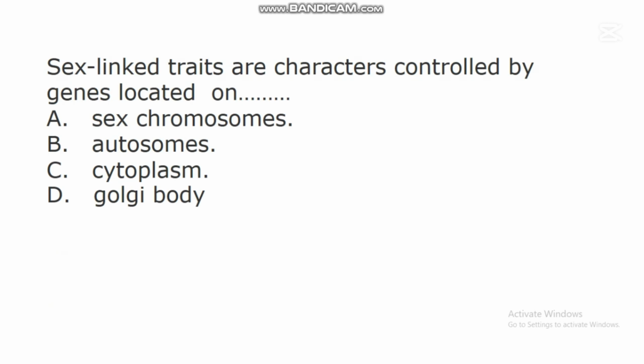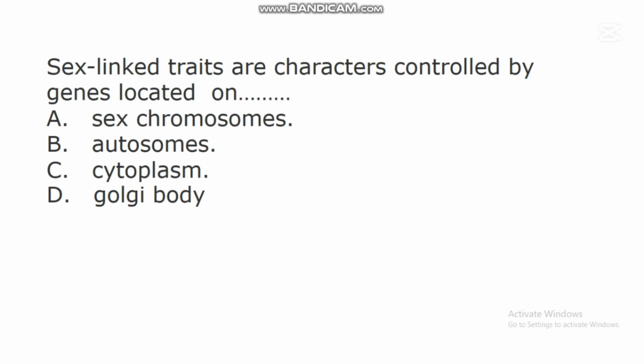The first question says, sex-linked traits are characters controlled by genes located on dash. A. Sex chromosomes, B. Autosomes, C. Cytoplasm, D. Golgi body.